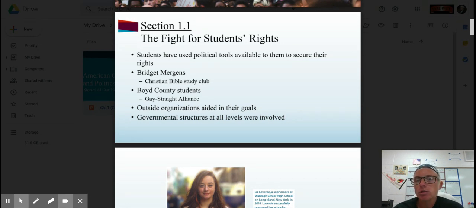All right, so just some examples that you can see as students in your book. Students have been fighting for their rights in many different ways. They use political tools available to them, because you can do that if you feel like the government's too powerful or you don't like what they're doing. You have the right to create and get involved politically.